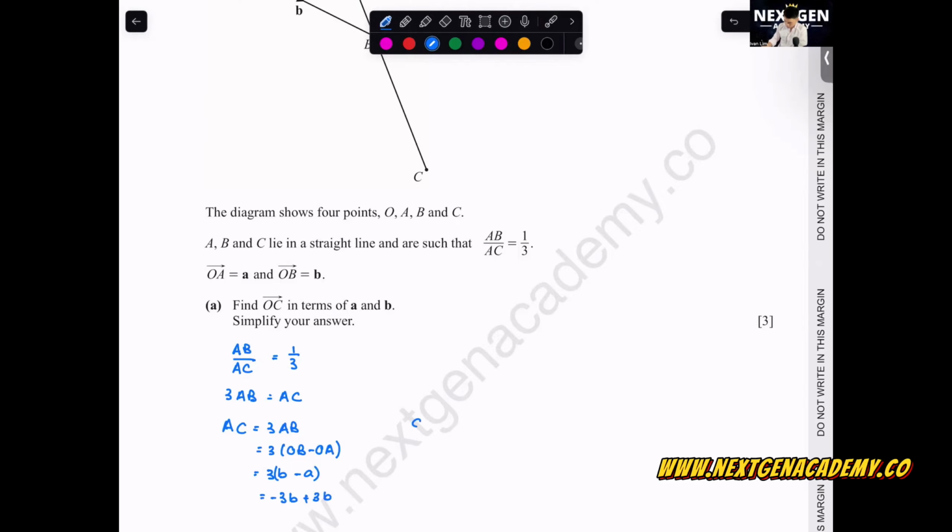From here, we use OC equals OA plus AC. OA is a, AC is, oops, minus 3a plus 3b. So a minus 3a plus 3b, which will get minus 2a plus 3b. Right, so this is the first one.